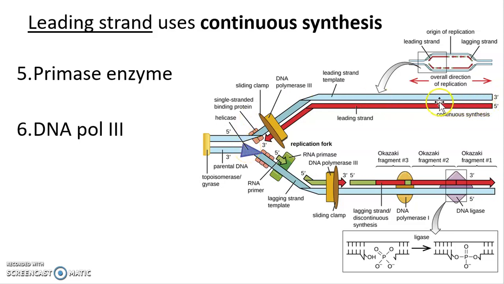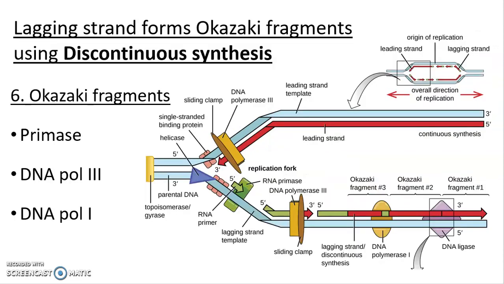And so this one is continuous because your DNA polymerase just keeps chugging along, following that DNA helicase as it opens up your two DNA strands. On the opposite side, though, that's where we run into the problem. And the solution that nature has come up with is basically to do continuous synthesis over and over and over. And this forms what's known as Okazaki fragments on the lagging strand. And this allows discontinuous synthesis to occur.